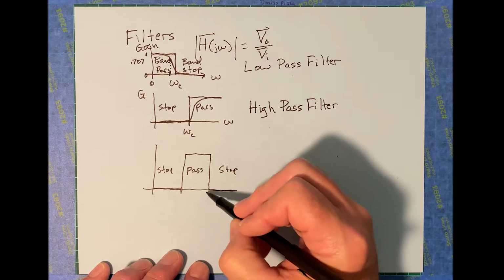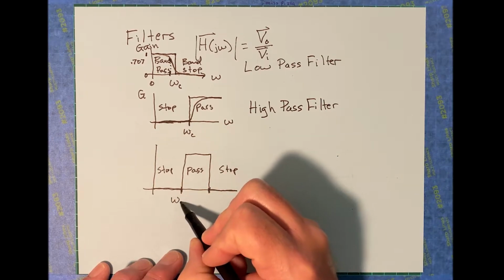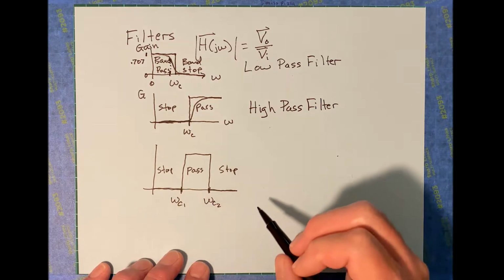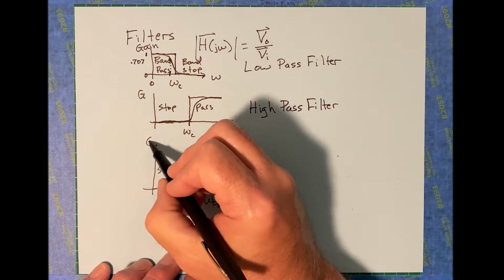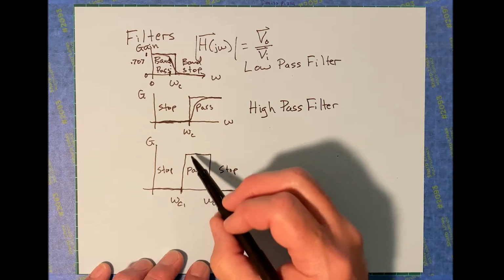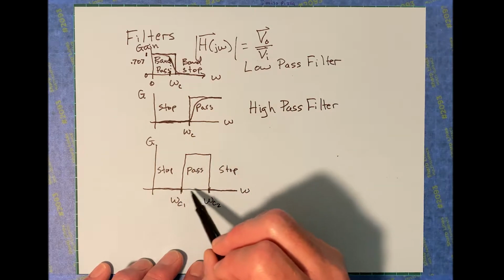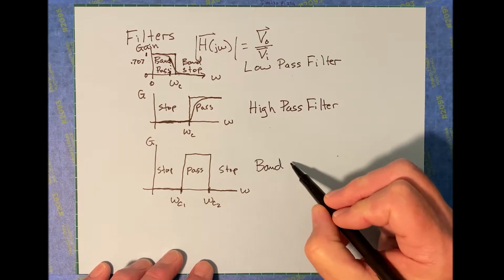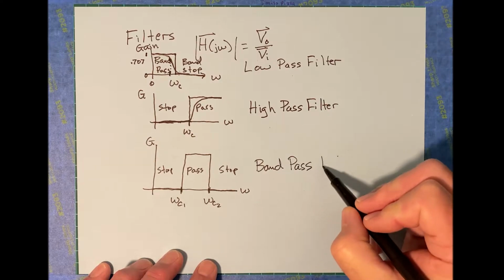And you would have two cutoffs. You would have omega C1 and omega C2 here, frequency versus gain. And now what you've got is just a certain bandwidth that is allowed to pass through. So this one could be a band pass filter.